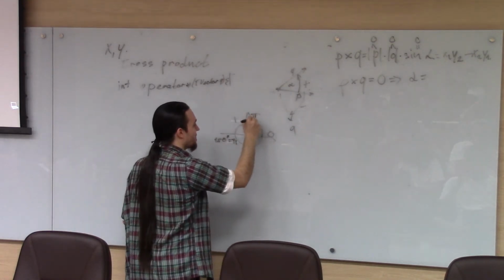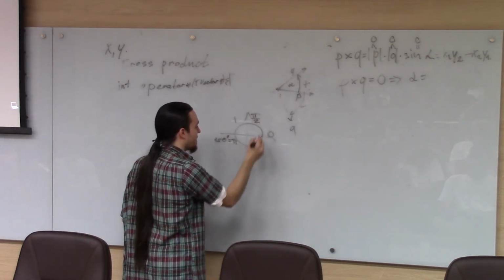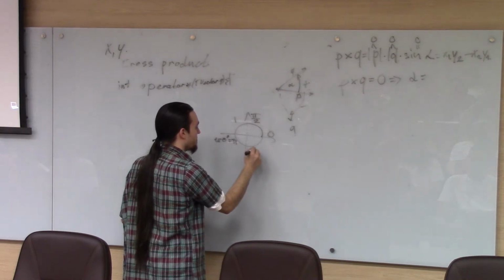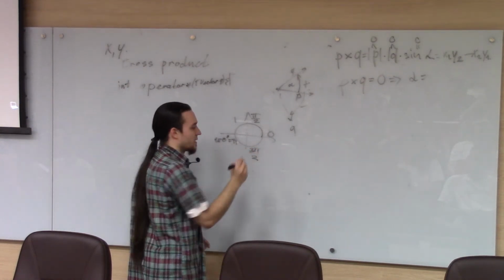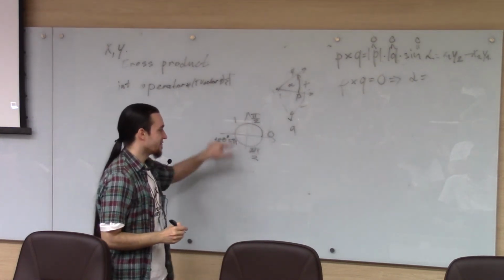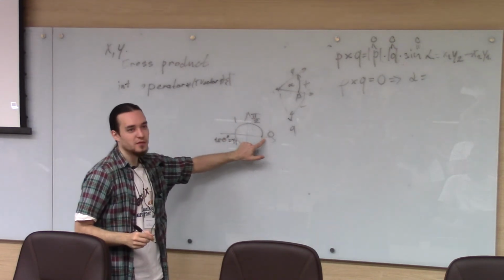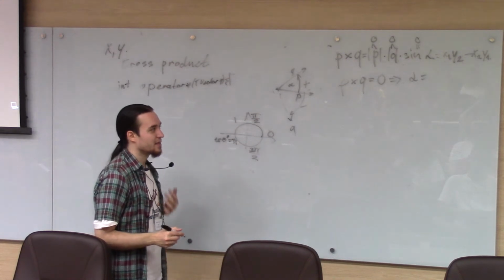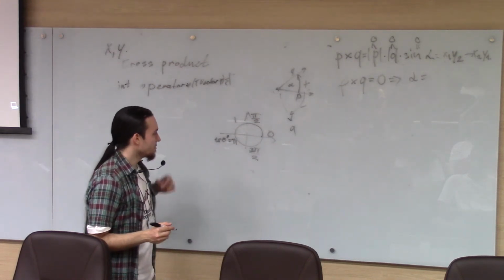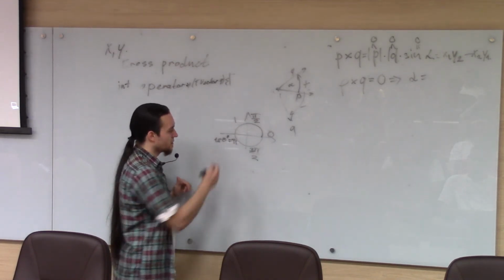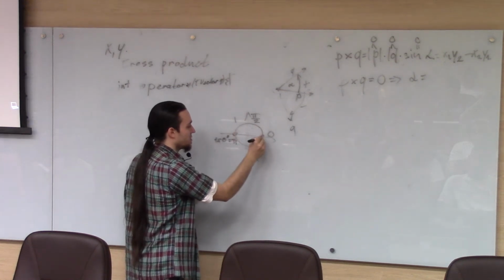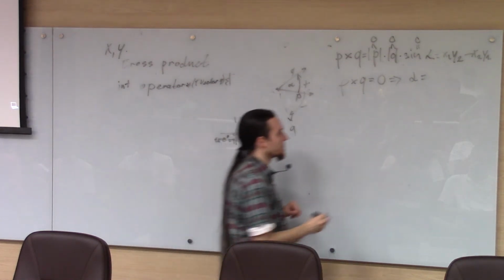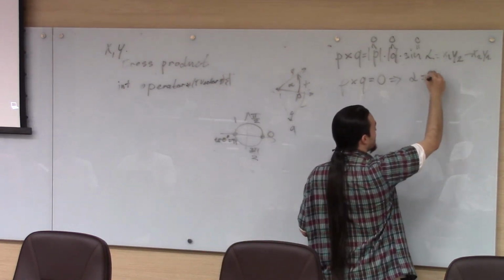Here we have pi over 2, here we have, for example, 3 pi over 2, and so on. After 2 pi we come back to 0, so it's basically the same vector, and the cosine and the sine are the same. Looking at the picture, if sine is 0, it happens only at these 2 points. So alpha is either 0 or pi.